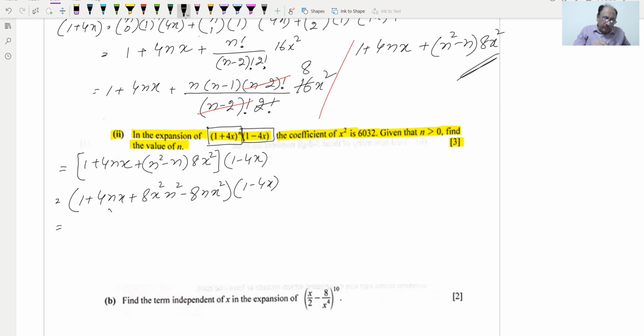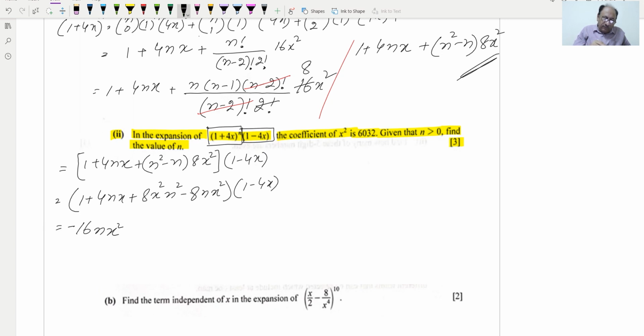When we multiply 4nx with 4x, we will get x square, and that term we will write down. That will be minus 16nx square. This will be our first term which we are writing down.